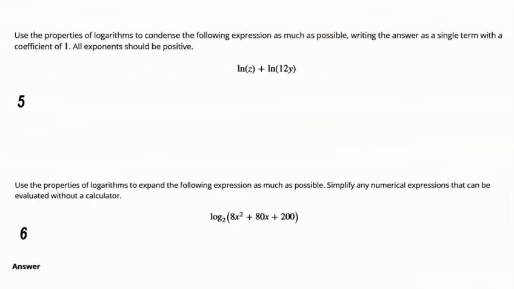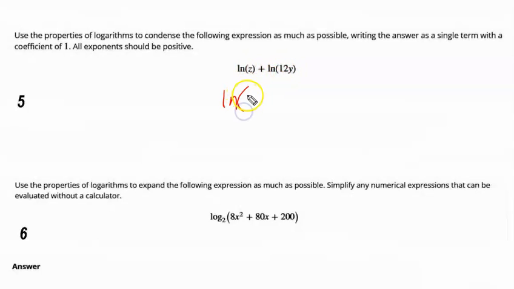Every once in a while they give us something that's a tad easy. Take a look at this and see if you could write it in its condensed form. Well, it'll be natural log. This is this times this.